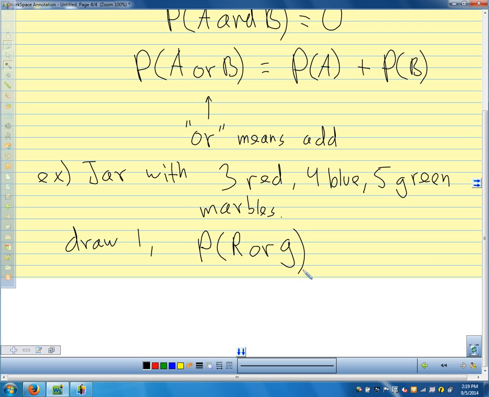Or tells us to add. So what's the probability of red on one pick? 3 out of 12, and let's leave it, we won't reduce it yet. Probability of green on one pick? 5 out of 12.